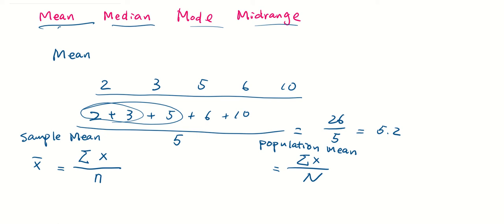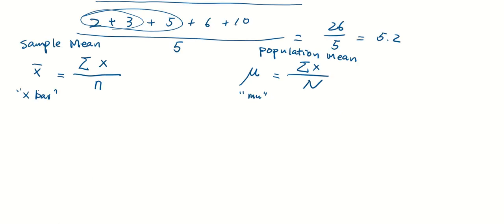For sample mean, you use X bar to represent the sample mean. And for population mean, we use the letter mu. So mu means population mean, and X bar is the sample mean.